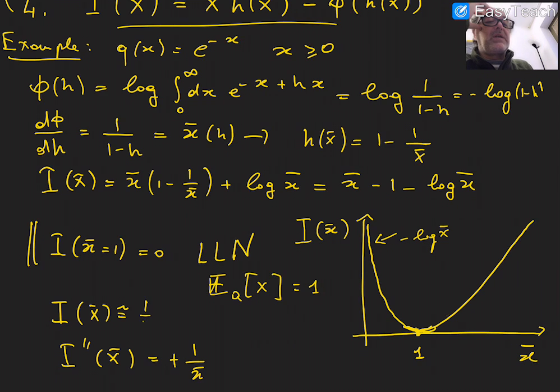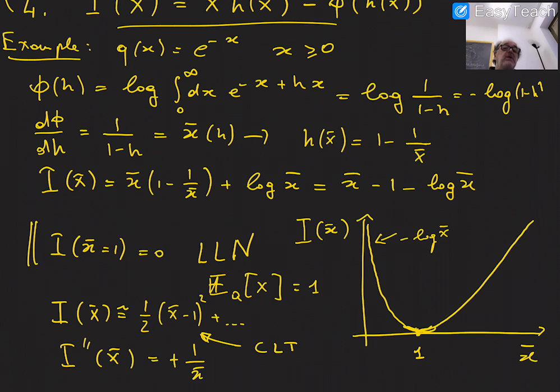So at 1, this is just one half times x bar minus 1 squared, plus higher order terms. And you can check that this parabolic behavior of the Cramér function is consistent with the central limit theorem. Indeed, the coefficient that you have here should be 1 over 2 times the variance of x.